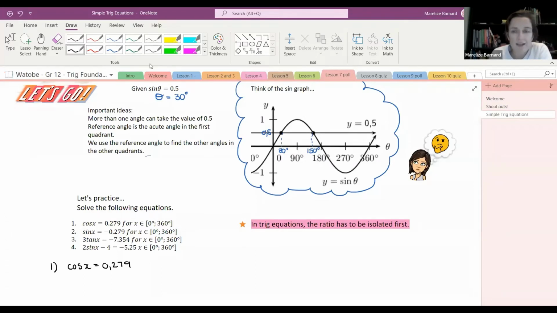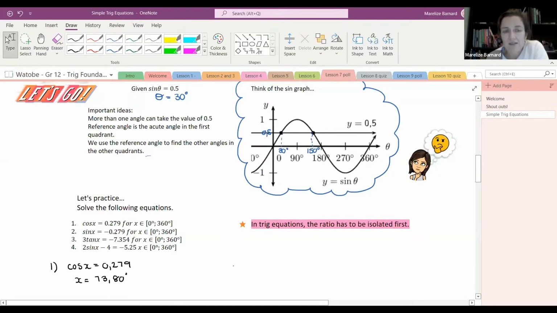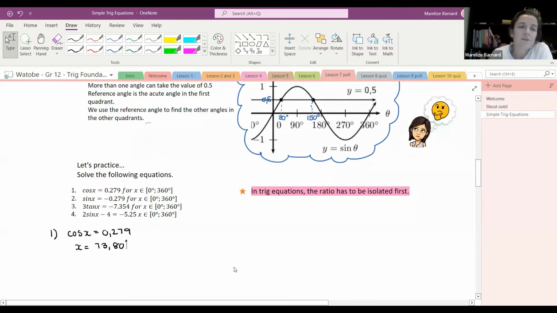And pop your answer in the chat when you are done. Yeah, 2 decimal places. Please round to 2 decimal places. Okay, so that's our first angle that can give us 0.279.